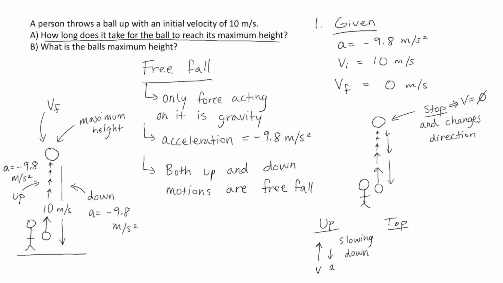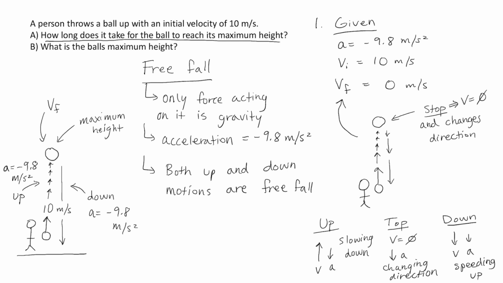Now at the top, the velocity vector is equal to 0, but gravity doesn't go away, so the acceleration vector is still pointing down, and that's why your object changes direction. And then on the way down, your object is now moving down, so the velocity vector is pointed down, and the acceleration vector is pointed down, so now your velocity and acceleration vectors are in the same direction, so your object is speeding up.